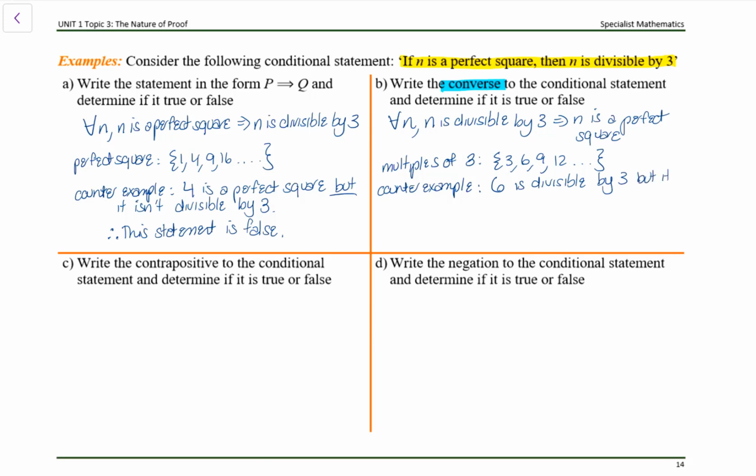But it isn't a perfect square. So being divisible by 3 doesn't imply that it's a perfect square. So therefore, the converse statement is false.